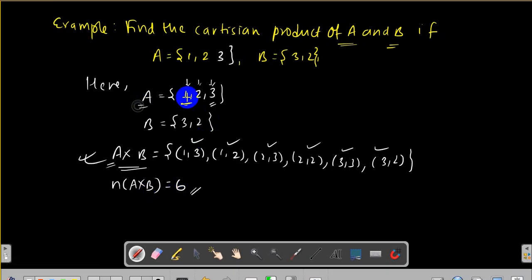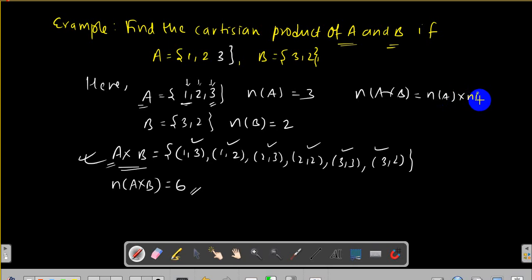Now A is 1, 2, 3 and n of A will be equal to 3. n means number of elements. Here n of B will be equal to 2, and always n of A cross B will be equal to n of A into n of B. It will be 3 into 2, which is equal to 6.